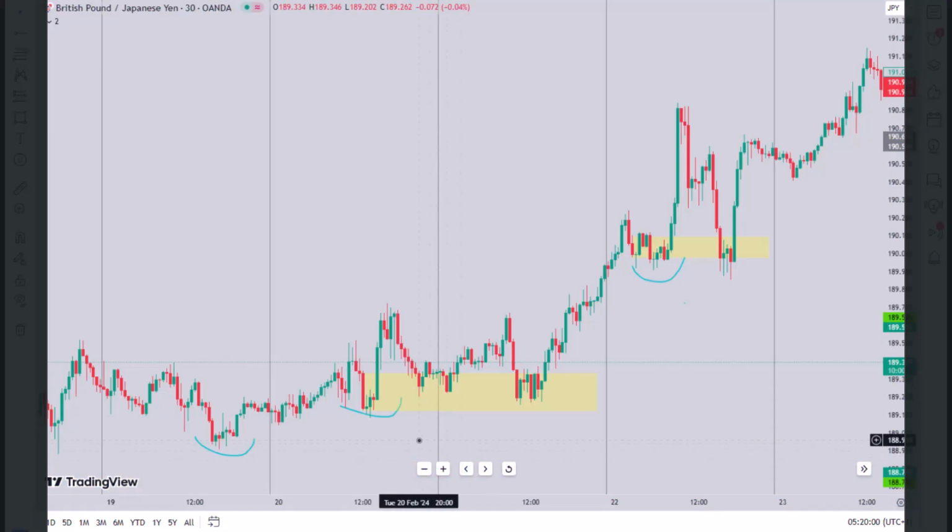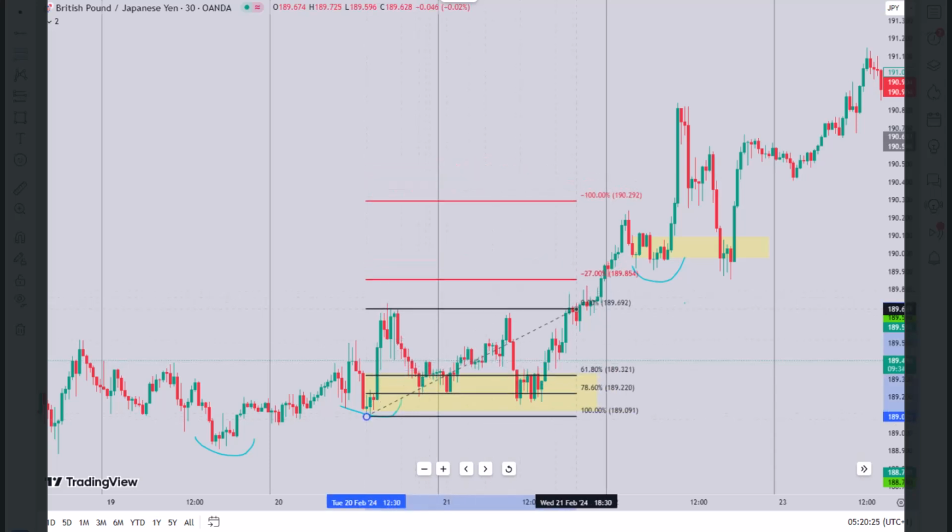Next, if I want to take a trade, I can't just rely on supply and demand zone. I need another confluence. I need a double confirmation, by using my Fibonacci Retracement tool. In an uptrend, I place my Fibonacci Retracement tool from the relative low all the way to the relative high.